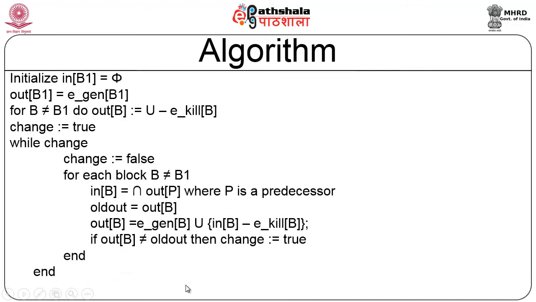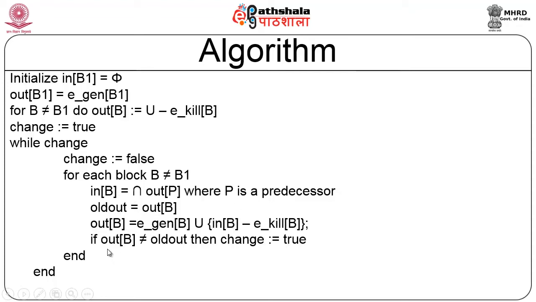Again we are resetting change, assuming that it is not available between successive iterations, and for each block B not equal to B1, in of B is equal to intersection of out of P, where P is a predecessor block. So you compute in and you assume old out is equal to out of B, and out of B is computed as it is.